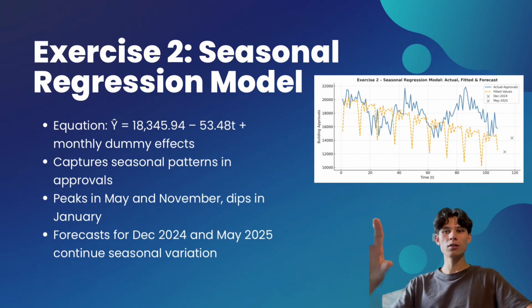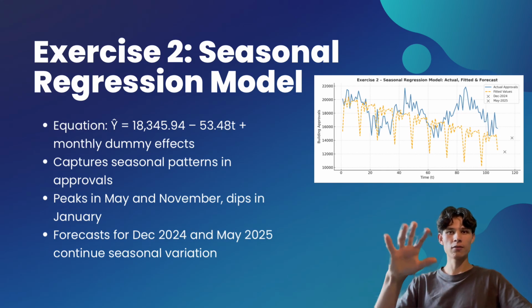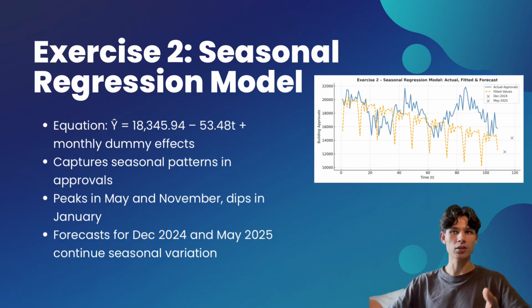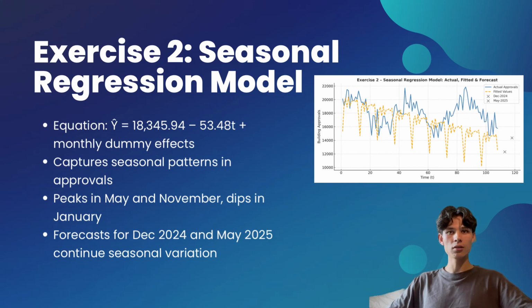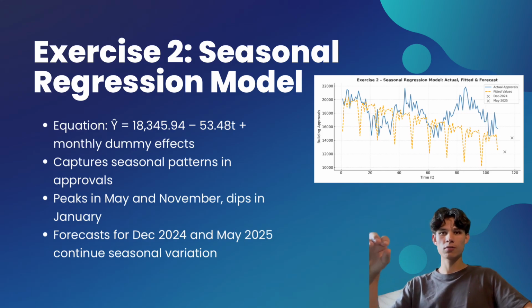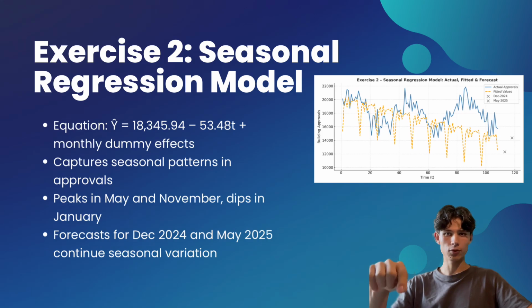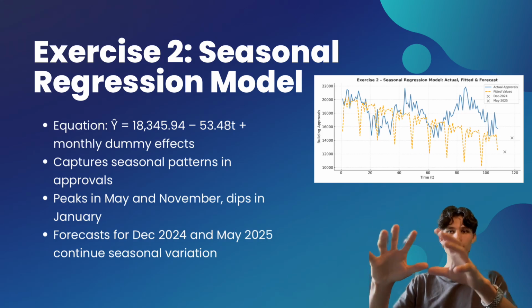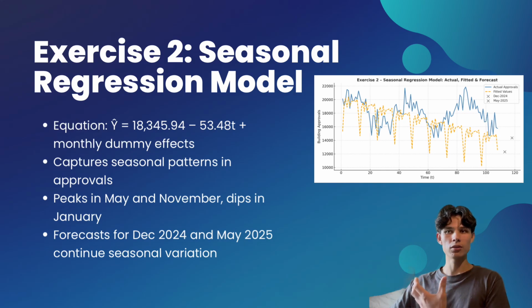If you have a look at the charts that I got, Figure 2, the fitted line aligns more closely with the actual data, reflecting both the downward trend and the seasonal variation. The forecast for December 2024 and May 2025 also indicates a continuation of these seasonal patterns.